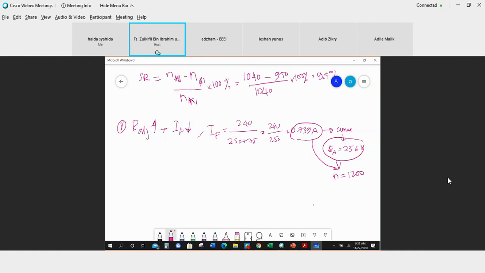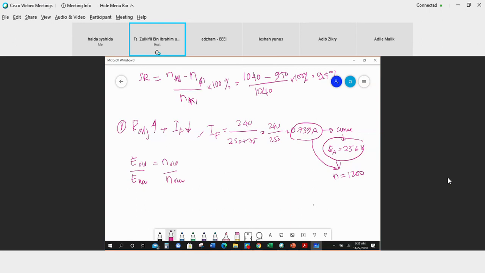So now the machine still is at full load, maksudnya your EA at full load is still the same. Your EA old equals to EA new, so bahagi your new bahagi old.